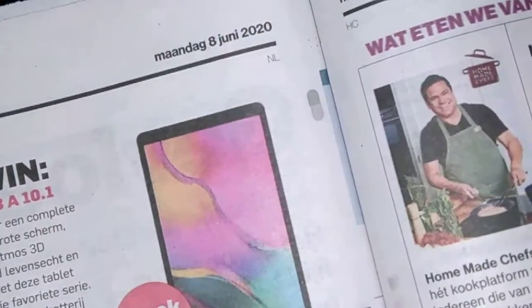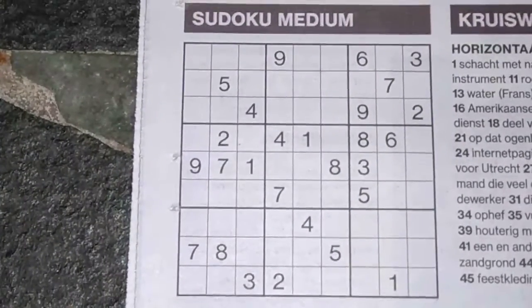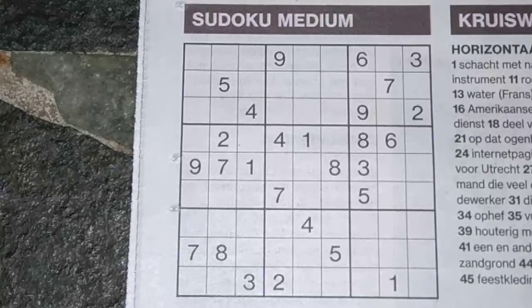Monday, June the 8th, 2020, we have in the daily newspaper only one regular Sudoku, a medium Sudoku. There are also in this newspaper, in the additional, I believe, 6 extra Sudokus. But last Saturday, only one Sudoku, a regular Sudoku, no additional.